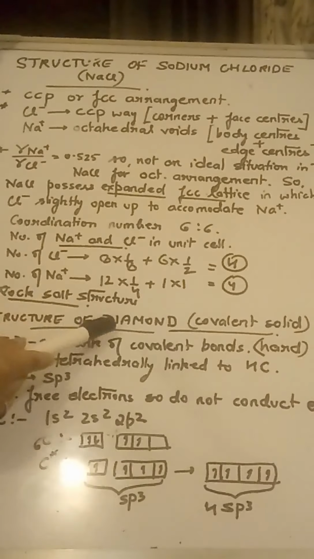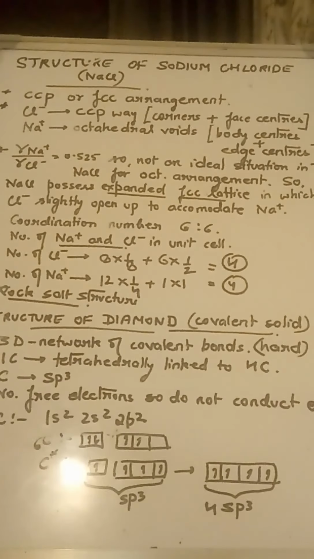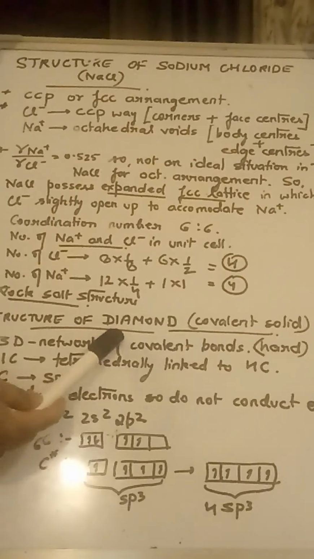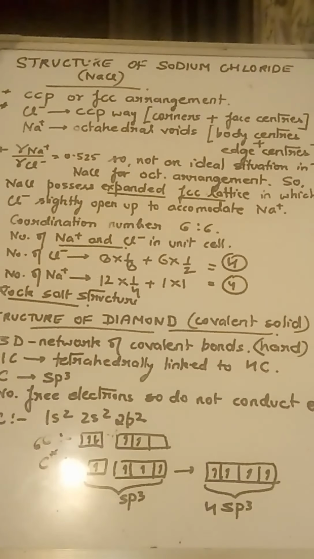Diamond and graphite are examples of covalent solids, and we are going to study their structures in detail. Now for diamond, diamond is very hard. You know, it is the hardest substance known. And why is it hard? It is hard due to its three-dimensional network of covalent bonds. Diamond is an allotrope of carbon, you know this, so it is made up of carbon atoms.